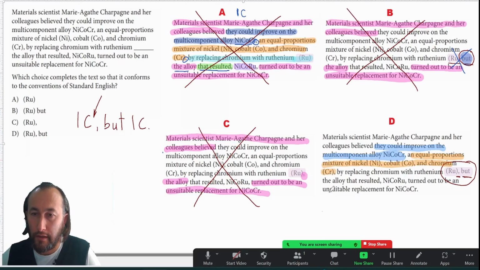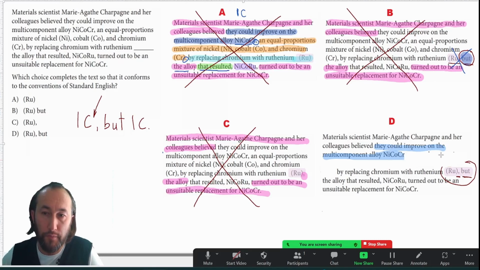And then how can they improve? Extra information, it confuses us. So if I remove it, it will be easier to understand the meaning of the sentence, I believe. Obviously, when I remove extra information, I have to remove the commas as well.